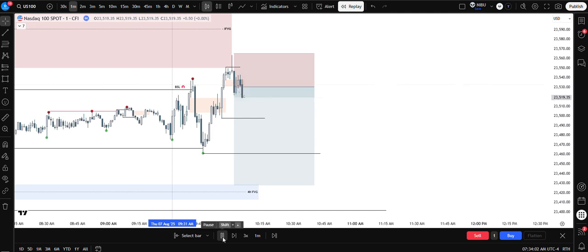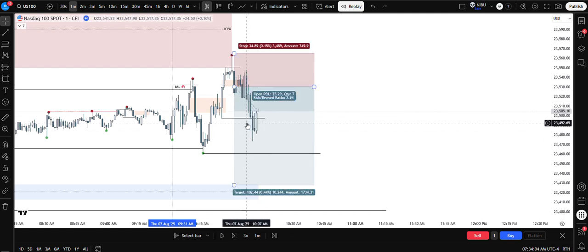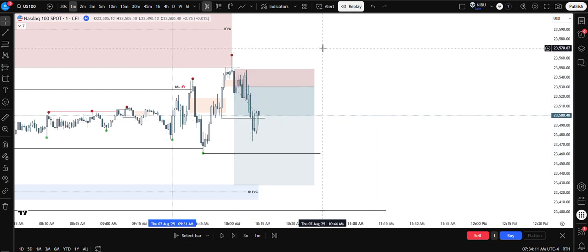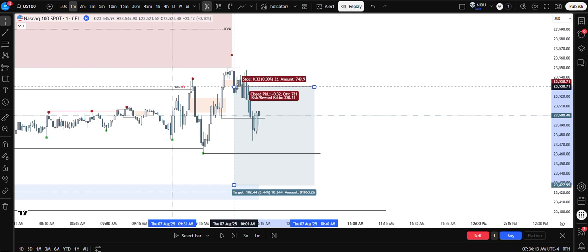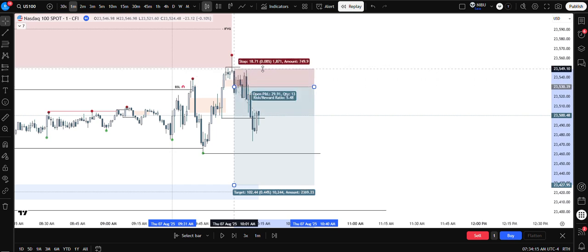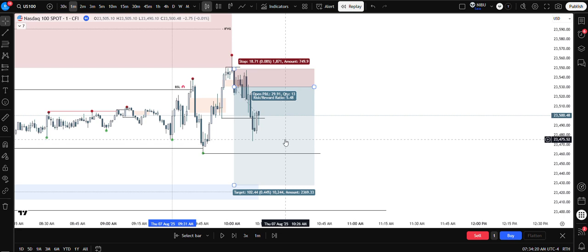That was my plan. See, price broke and closed below, and you should move stop loss here. I just put my stop loss here. You can take some partial or something, that's up to you.